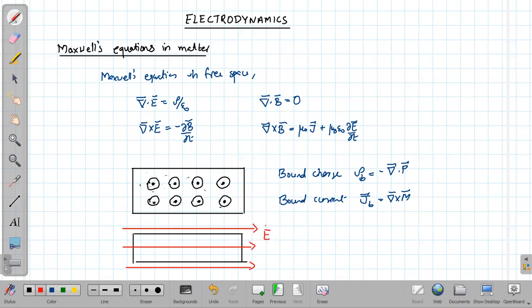The positive charge will slightly move towards right, and the electron cloud will shift towards left.